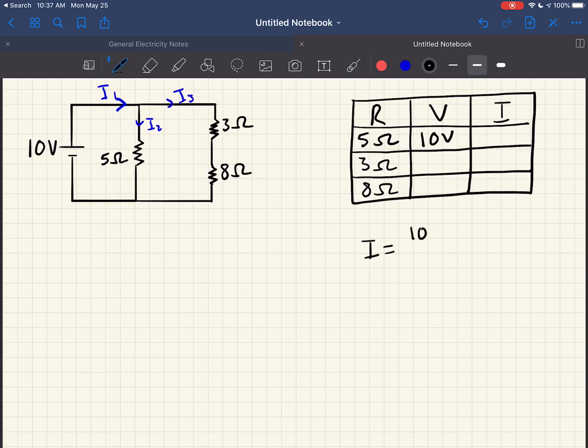I is V over R. So I'm going to get 2 amps for that resistor. So I've already figured out everything for this resistor over on the left. That I right there is 2 amps.